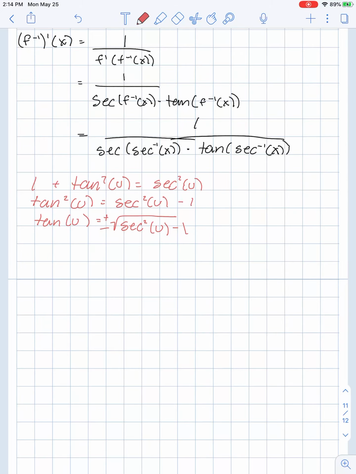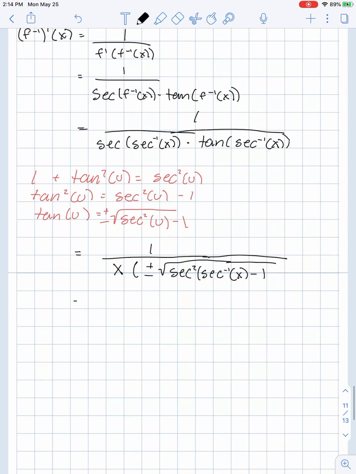So going back, secant inverse of x gives me x times plus or minus the square root of secant squared of secant inverse of x minus 1, which gives me plus or minus x times the square root of x squared minus 1.